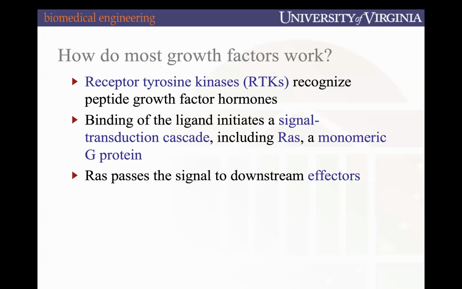We talked about how G proteins typically exist as a heterotrimer, but there are some that exist as a monomer. RAS exists in that monomeric state, and it contributes to the downstream signaling events that we talked about in the RAS MAP kinase signaling cascade a few lectures ago.